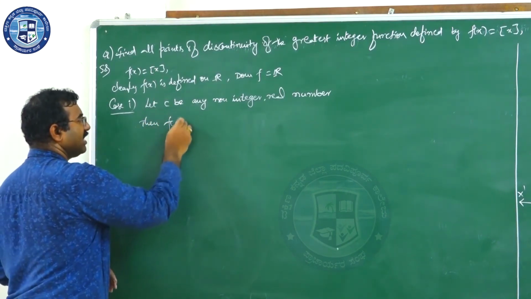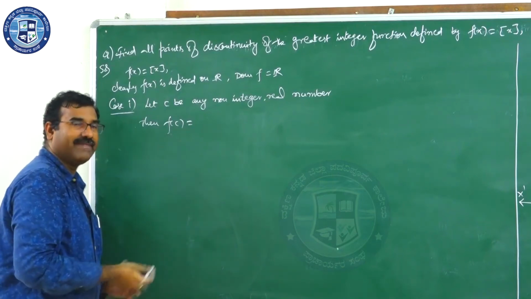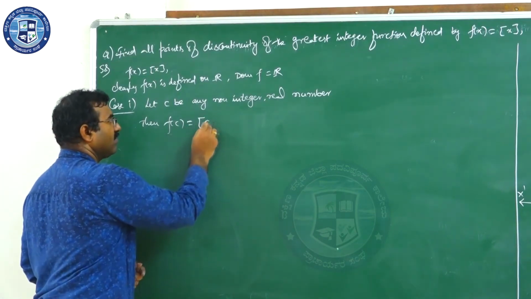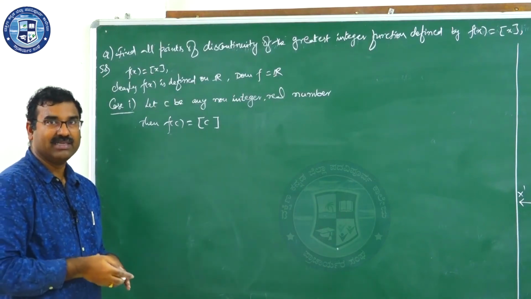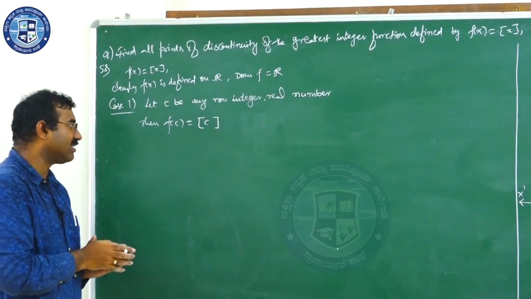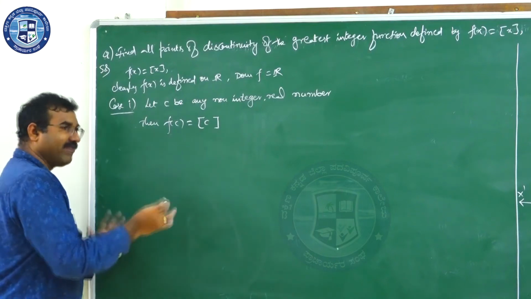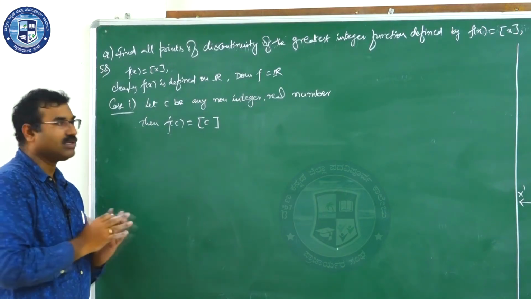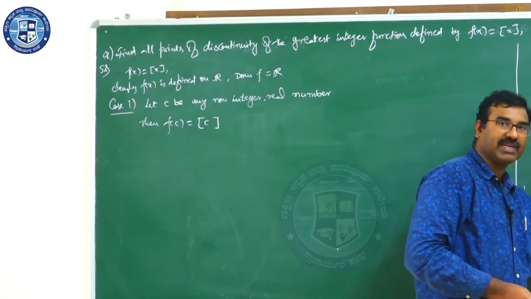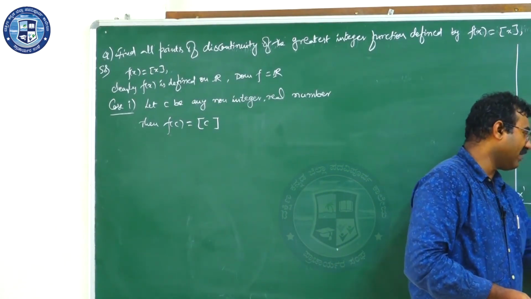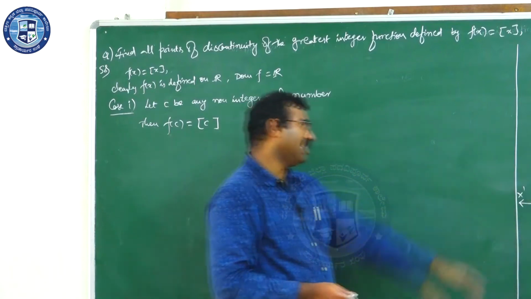In that case, f(c) will be [c] only, because we don't know exactly what that c value is, right? It is a non-integer value. So just [c]. Do we need to work out left hand and right hand limits? No, not required, because you are working between integers. You are working between integers, right? That's why the function won't change there.